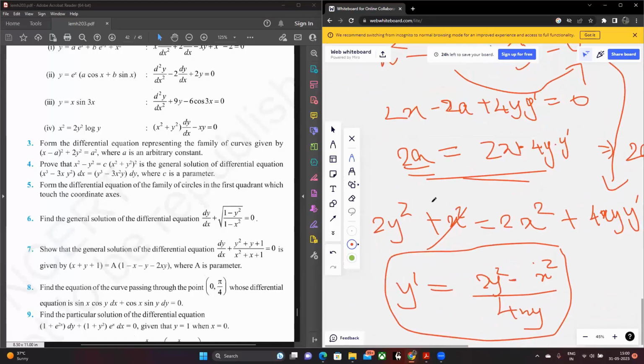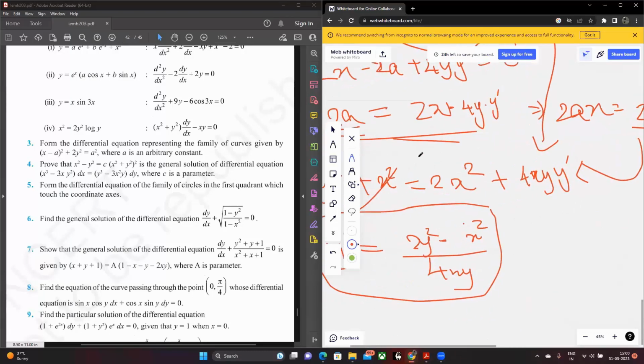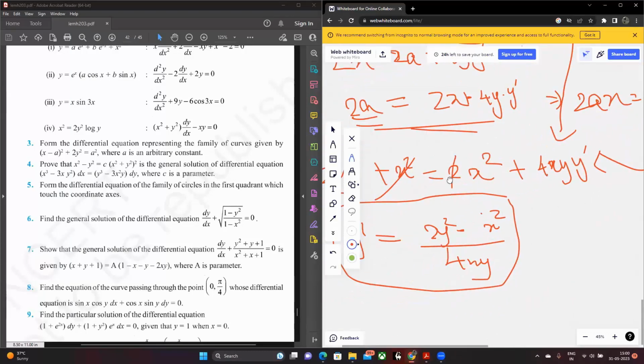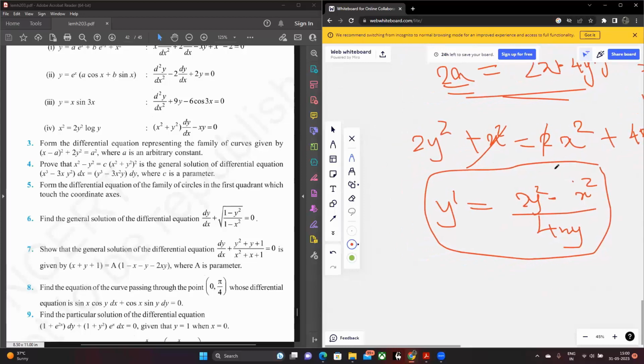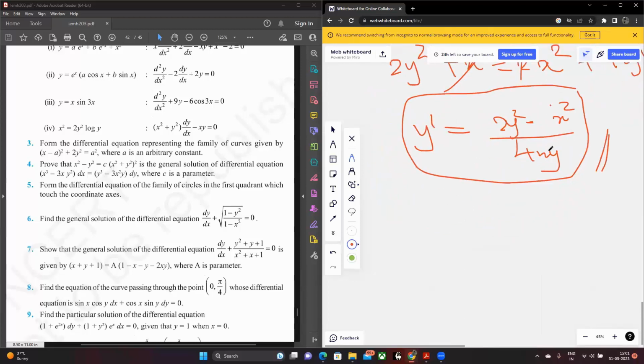So therefore 2y squared plus x squared is 2x squared plus 4xy y dash. And so you have this x squared and this 2 going off. So basically bring this to the other side and I rewrite this as y dash equals 2y squared minus x squared divided by 4x squared, right? And that is the required differential equation that represents the family of curves of ellipses of this form.